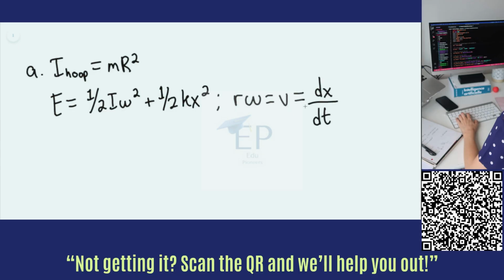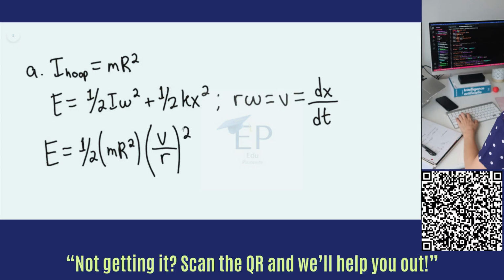And so now the energy becomes essentially E equaling 1/2 times mr squared multiplied by V over R quantity squared plus 1/2 kx squared.